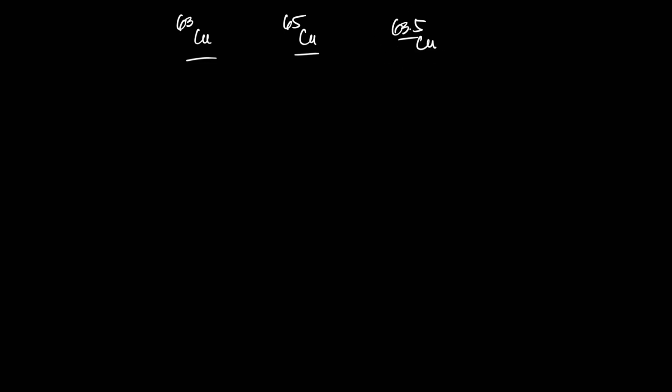For that, if I assume the total abundance is 100%, and the abundance of the copper 63 isotope is X, then the remaining abundance for the 65 one would be 100 minus X%, because the total has to be 100%. With this simple math, I can plug into the idea that mass times abundance gives the average mass.